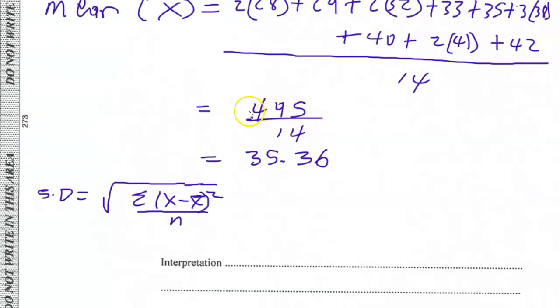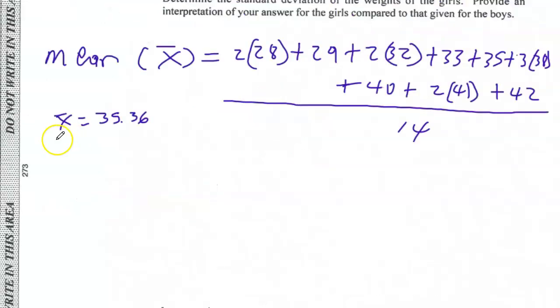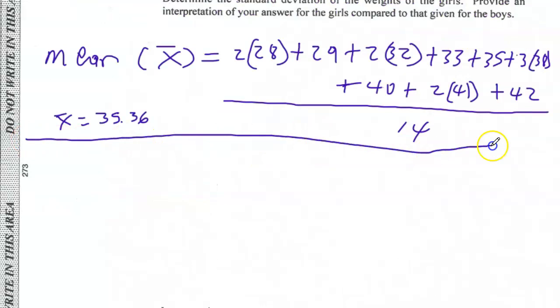So we know x bar was 35.36. So I'll just delete this, I don't need that again. Let me just separate it with some space. So we know x bar.